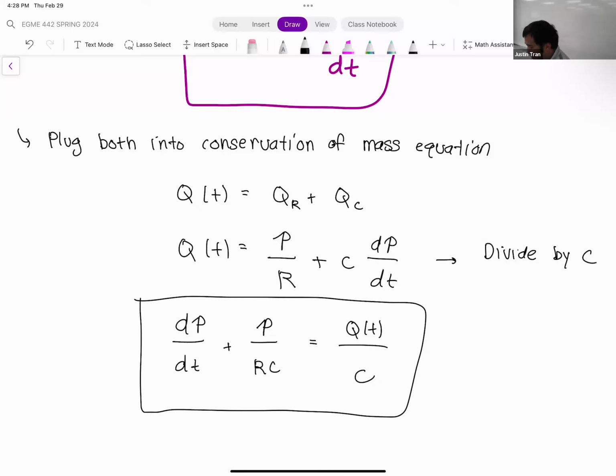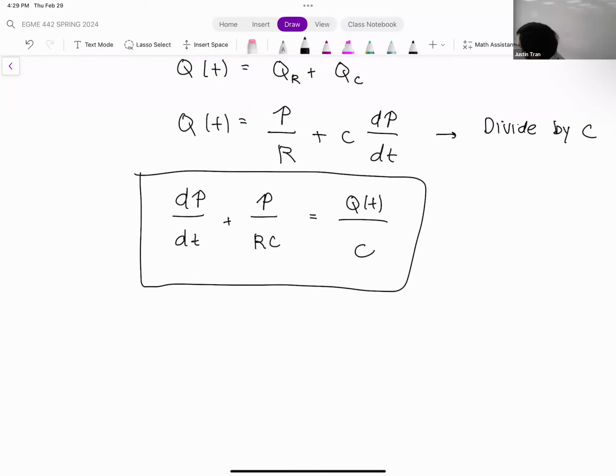All right, so what we have here is obviously a differential equation. Usually for these types of problems, R and C are just constants. So you can assume that they're known. You'll be given these values usually.